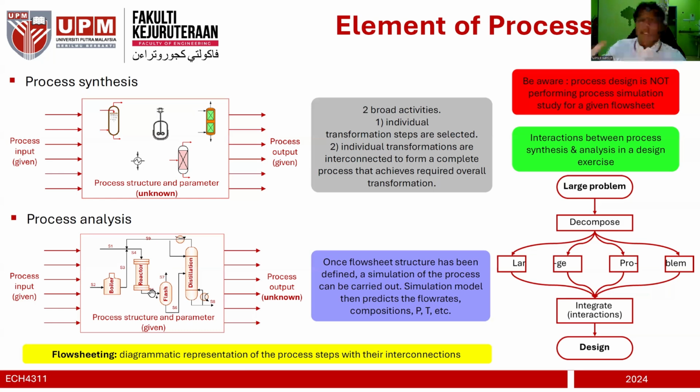For example, I'll give you a good example. A company such as Formosa Plastics produces plastics, polyethylene and polypropylene, using their own process. So it is a known process, and the plant is already there.